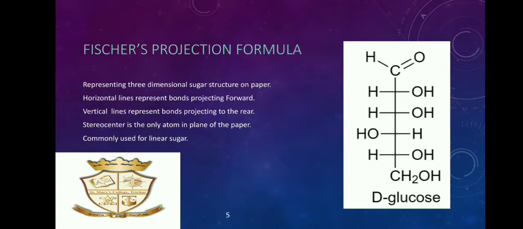In this method, the stereocenter is the only atom in the plane of the paper. It is flattened into two dimensions and it is commonly used for linear sugars. In the figure, it is an example of Fischer's projection formula of D-glucose.